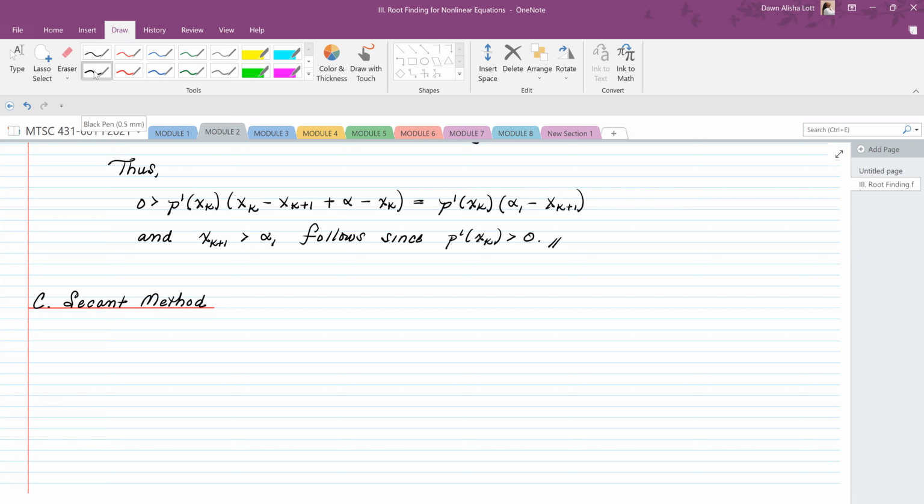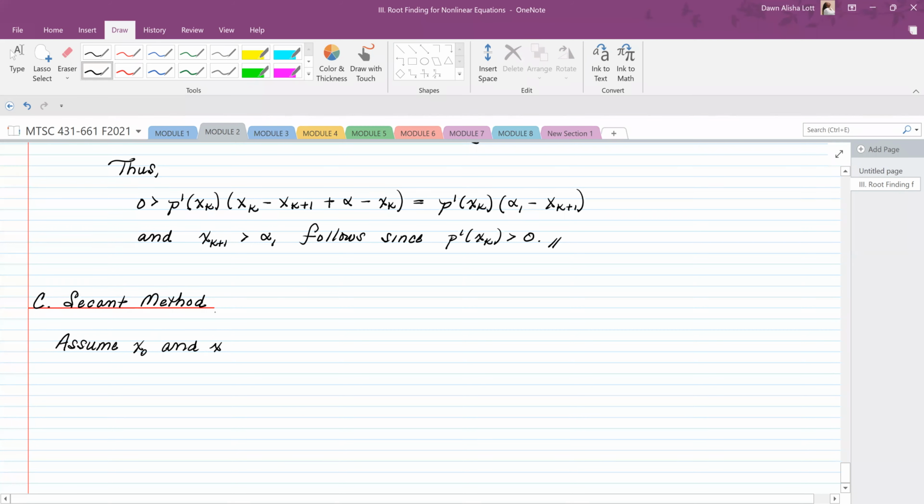So for the secant method, we're going to now assume we have 2 estimates. The secant method requires 2 guesses. We're going to assume that x0 and x1 are 2 initial estimates of the root alpha.